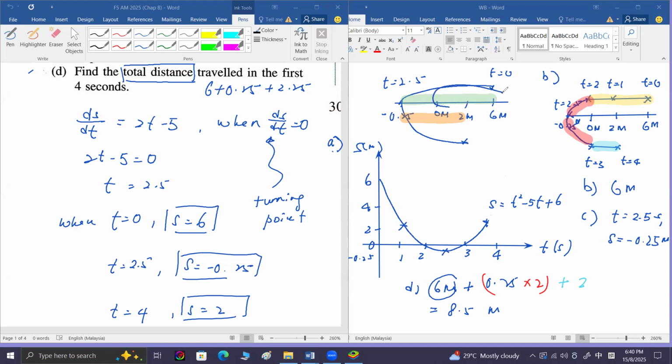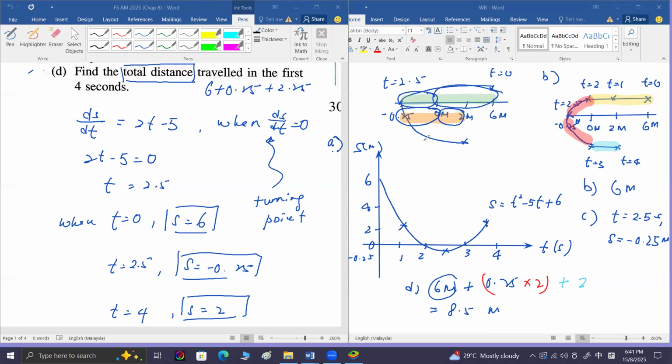What I mean is, see here 6, 0.25, 0.25, and 2. So there's no need for you to find all the points. You just need to get 3 points: starting point, turning point, and ending point. Okay, got it, class? In another chapter, with other questions, I'll show you this only, not all the points, unless the question asks you to form a table. Can you follow so far?